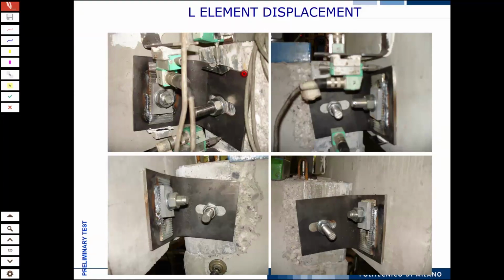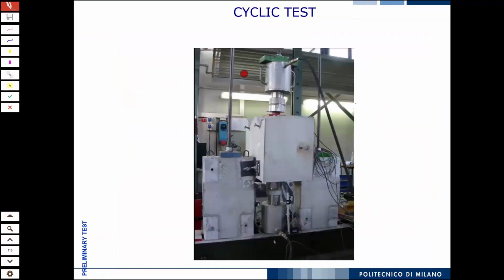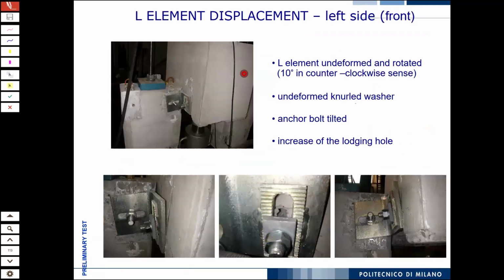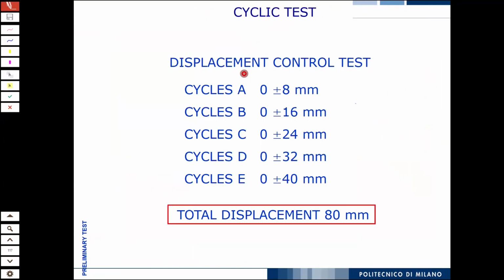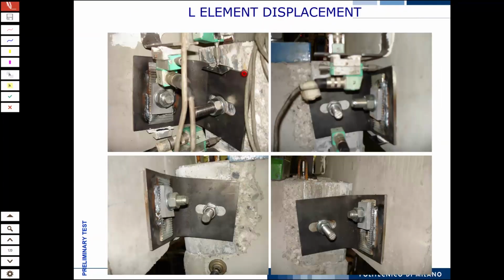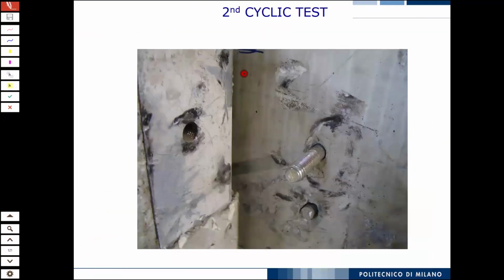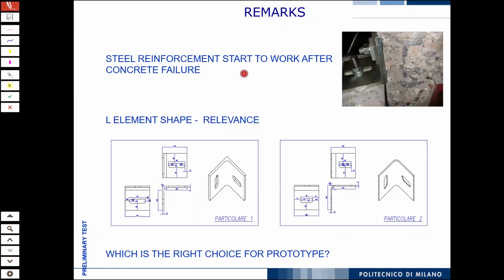But what is more important is that while before we damaged the concrete, so it means that you expect damage in your beam or in your column, here, in this case, all the damage was in the steel. You see the concrete around is basically sound.